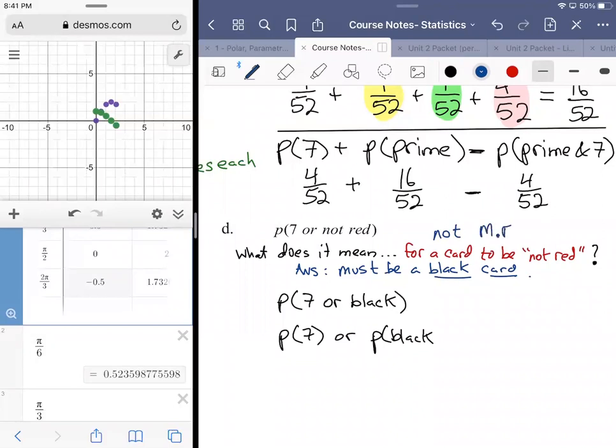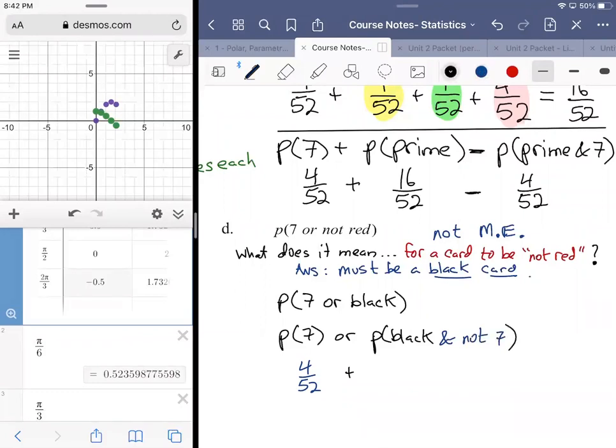You can have a card that is 7 and black at the same time. So I want to make sure that I'm taking my probability of 7, that's the easy part, 4 out of 52, and then adding to that, since I've already gotten the 7s accounted for, the probability of getting a black card and a card that's not a 7.